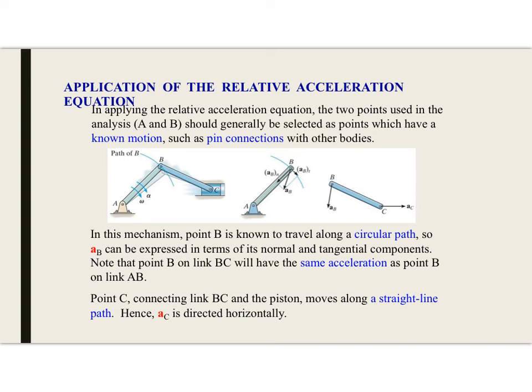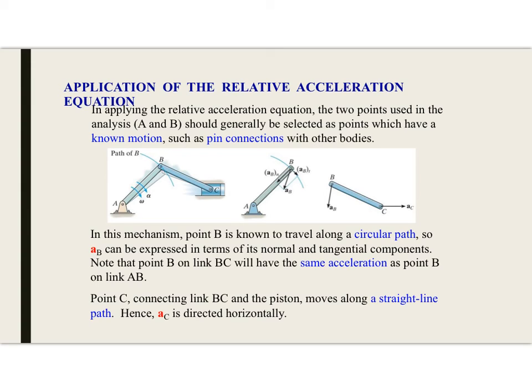This is going to make point B have both a tangential and a normal acceleration. And so we can find what's going on at point B, given our knowledge of what happens at point A. And then also we could use information about point B to infer some relationships to the motion of point C. So we can kind of move along.